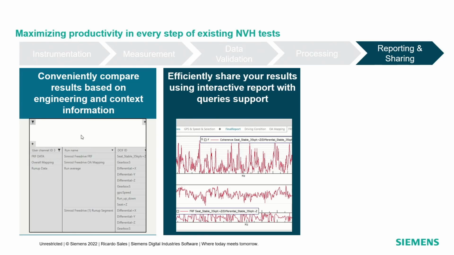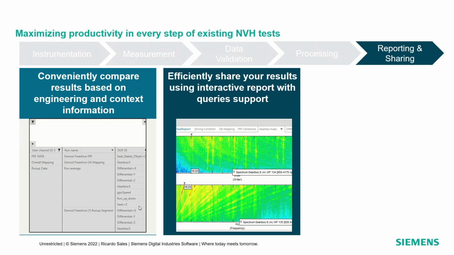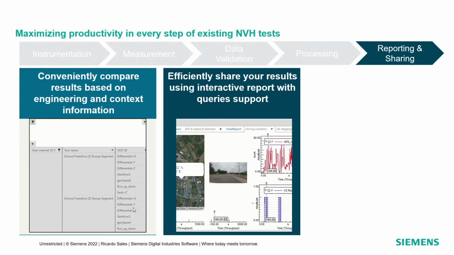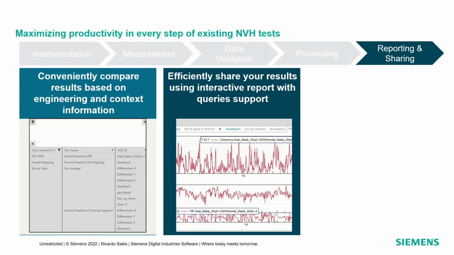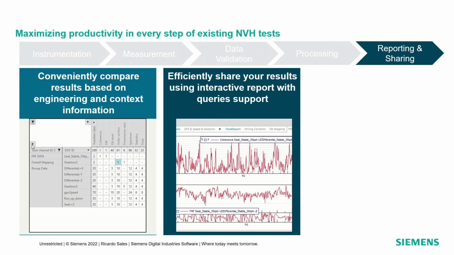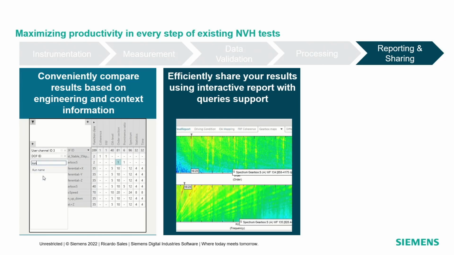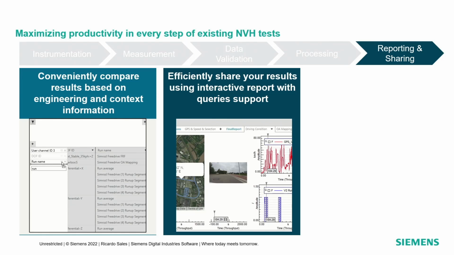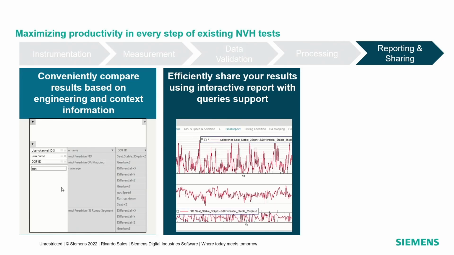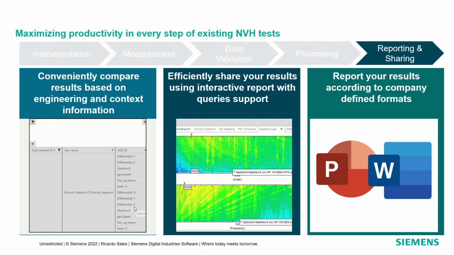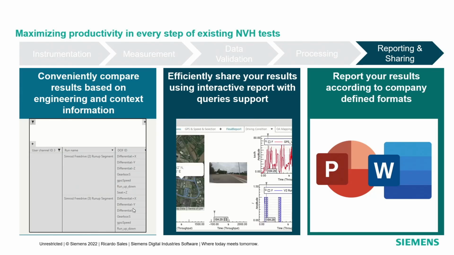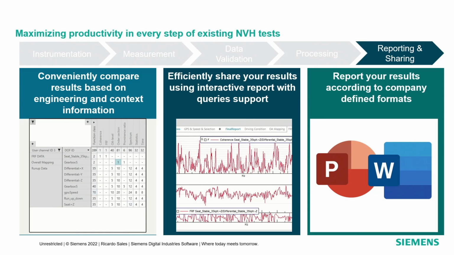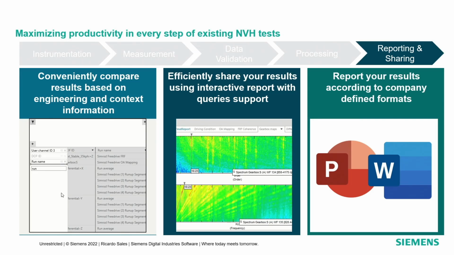For that, we have to make sure that the reports are very interactive, and in this case in Testlab we use what we call query support to make sure that all the data that is in the display is the correct data, and we know exactly what each part of the report is. After defining these report templates, we can work with Microsoft Office applications, and so we can immediately send the data in the display to PowerPoint and Word.